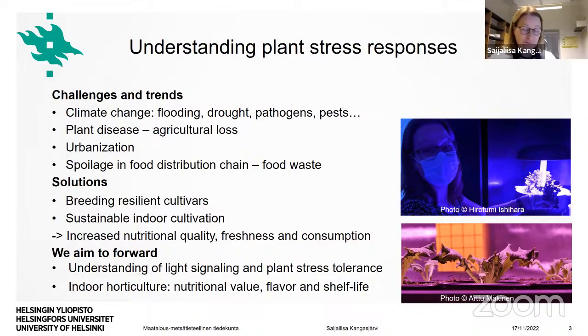In this entirety, my lab aims for an improved understanding of plant stress, especially light signaling. Then we aim to apply this information to improve the nutritional value, but also flavor and shelf life of vegetables.